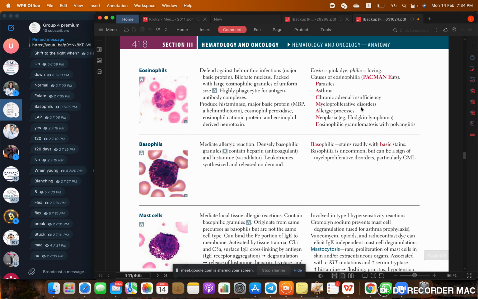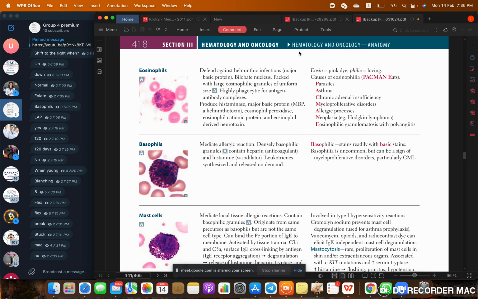So eosinophils, on the other hand, help to defend against helminth infection by releasing major basic protein. So they help to destroy the helminth. Let's say that this is a helminth, and this is an eosinophil. It comes, releases major basic protein, and it makes plenty of holes inside of it, and a lot of histamine is going to attack, which leads the helminth to simply burst.